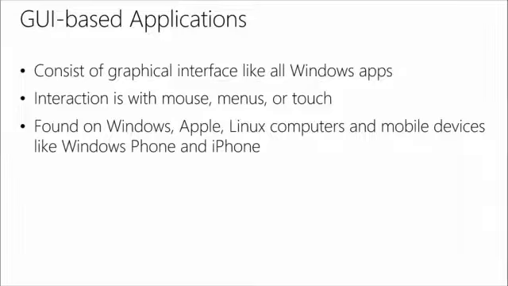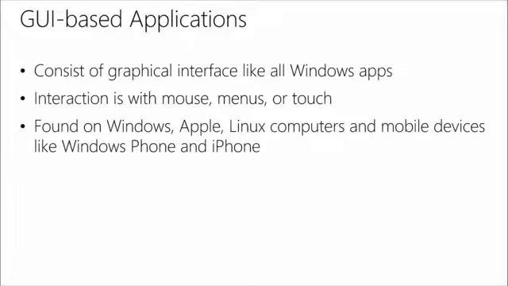Some of those, as we look on our slide here, is they consist of a graphical interface. So think of all of your Windows applications that you interact with on a day-to-day basis: Microsoft Word, PowerPoint, Excel, or even Internet Explorer, Firefox, the web browsers. Even though they're viewing web apps, they are still a desktop application. They're still a graphical user interface application.